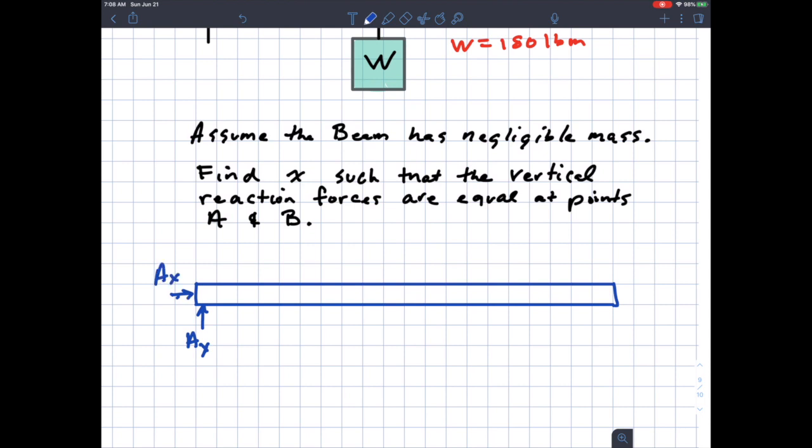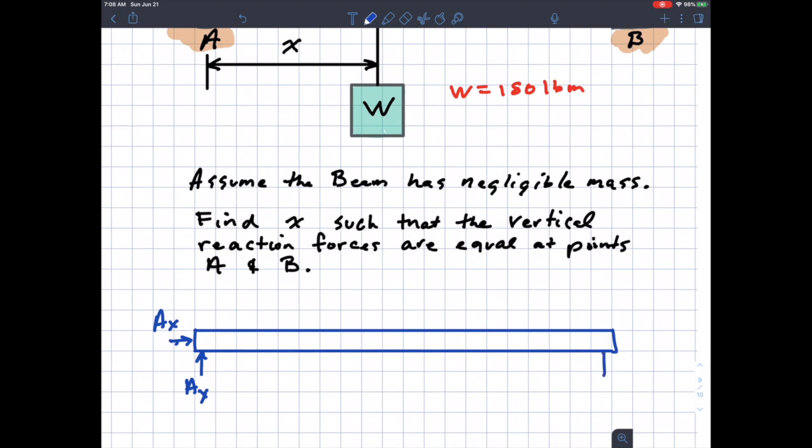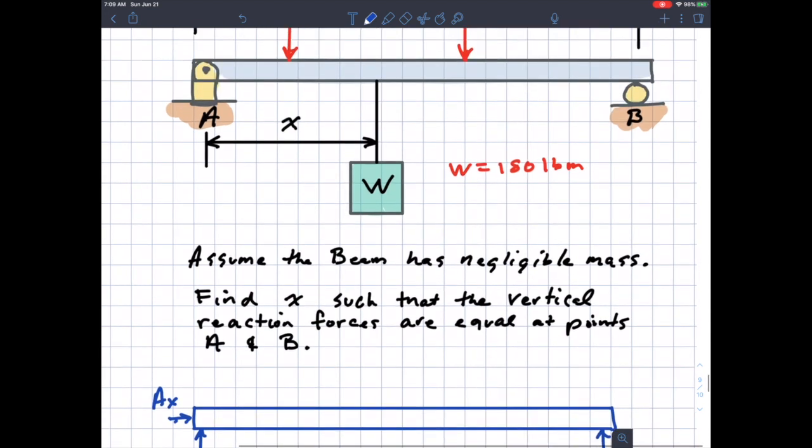And at B we would have a reaction force B. It's only in the Y direction because it's a roller. A roller can only exert a force that's normal to the action of the roller.